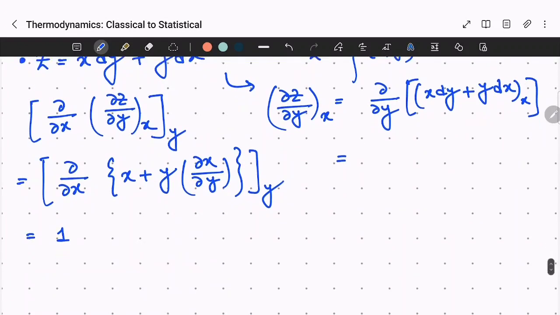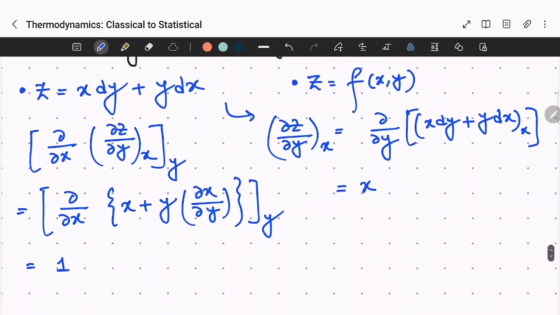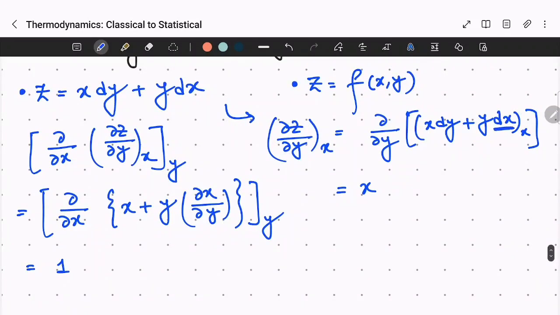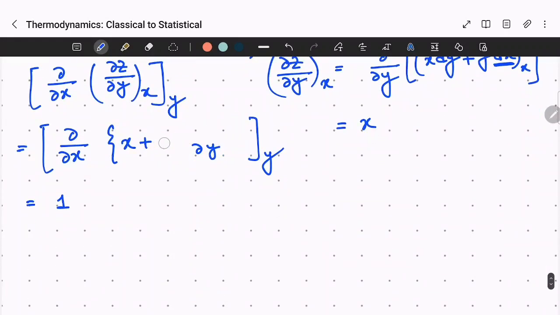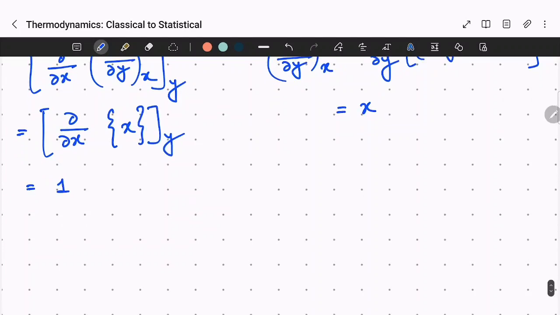If x is constant, then obviously dx is 0, so it will give us just x. Sorry for the inconvenience. So this is x.